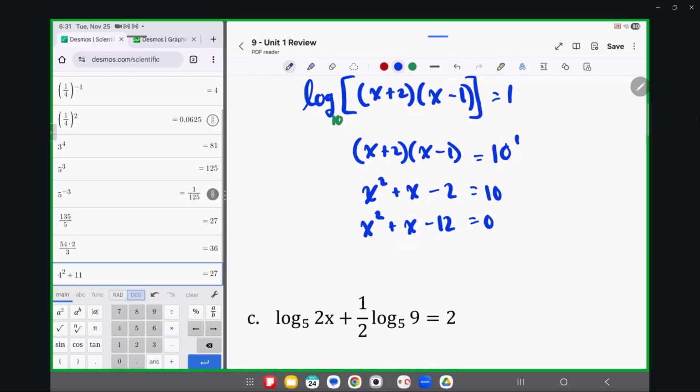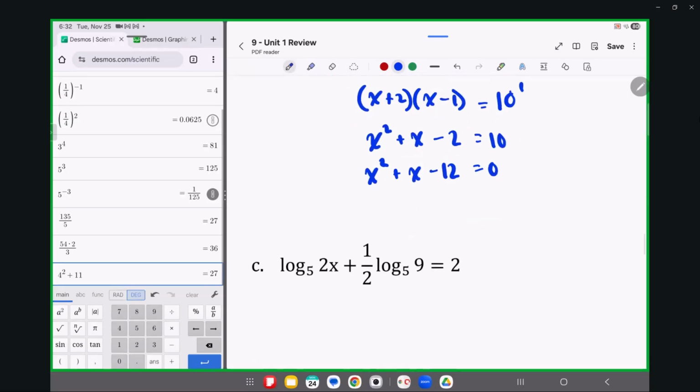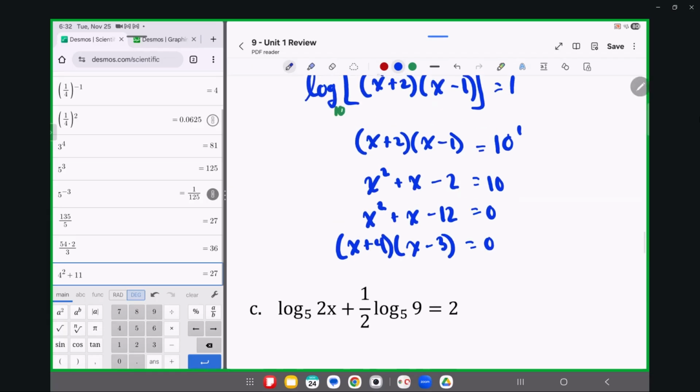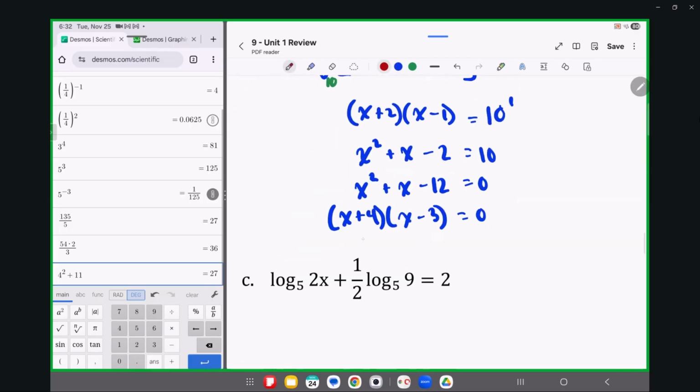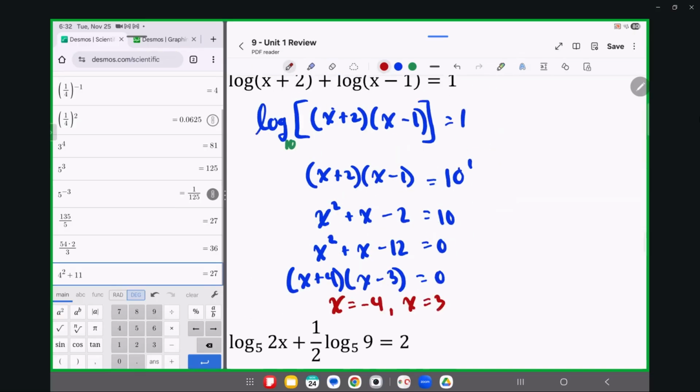Next, we have to factor this. What two numbers multiply to make negative 12, but add to make 1? Those numbers are positive 4 and negative 3. And so here we have solutions of x equal to negative 4 and x equal to 3.